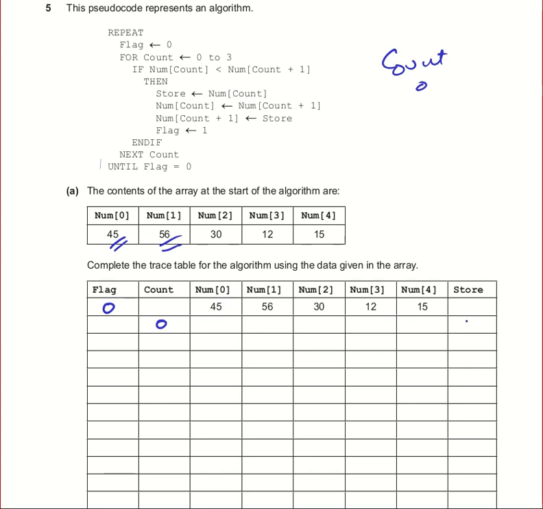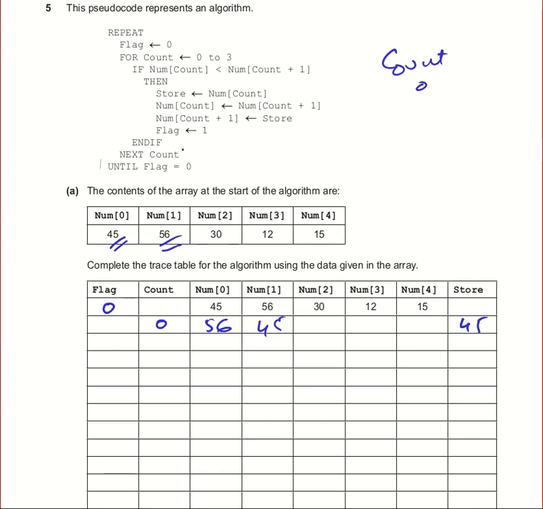This will be copied to this variable called store over here, and num count plus 1, which is this value 56 over here, will be copied to num count. So the value will be copied over here, and then the value stored inside the variable store will be copied to num count plus 1. So store will be copied over here, right?